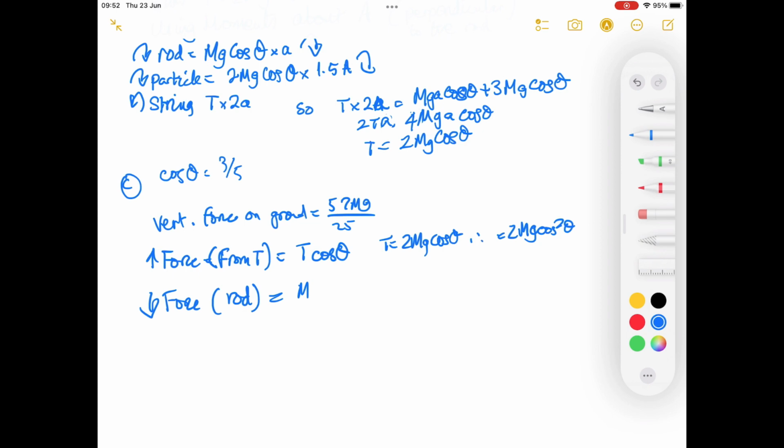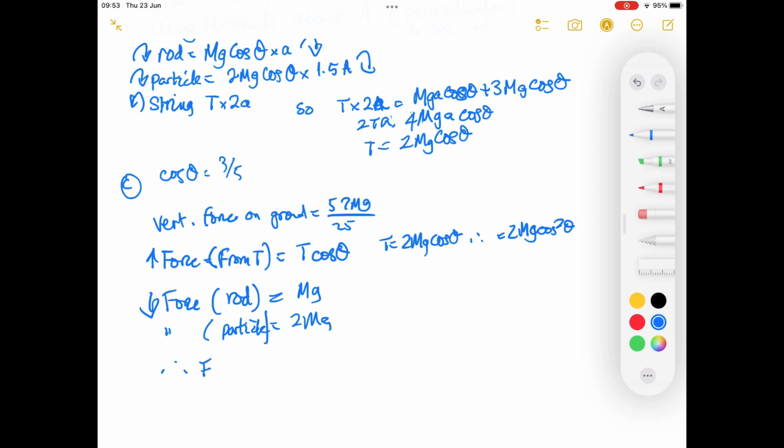Now we're going to look at the downward forces of the rod. Again, middle of the rod, so it would be acting down, which will be mg, and the particle will be 2mg. Very simple, no angles, no trigonometry. So then the downward force is 3mg, the upward force is 2mg cos squared theta.